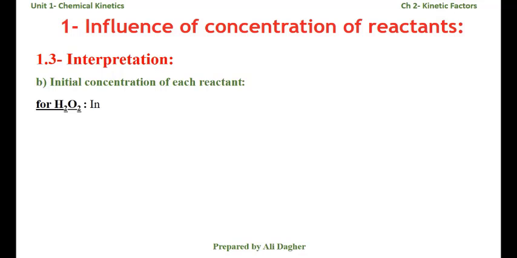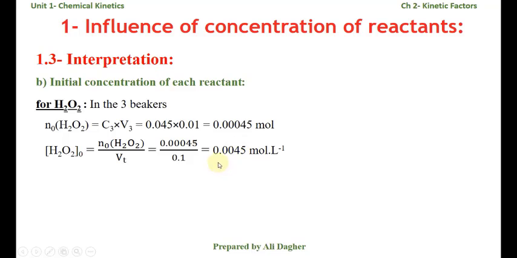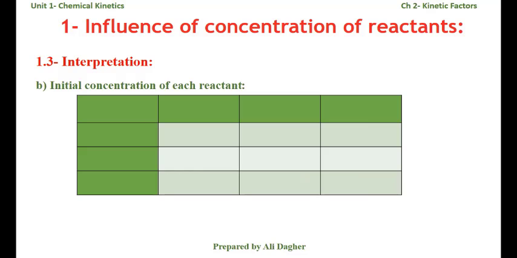For H2O2 in the three beakers, N0(H2O2) equals C3 times V3 equals 0.045 times 0.01 liter, which equals 0.00045 mole, divided by the total volume. We obtain the initial concentration of H2O2, 0.045 mole per liter.